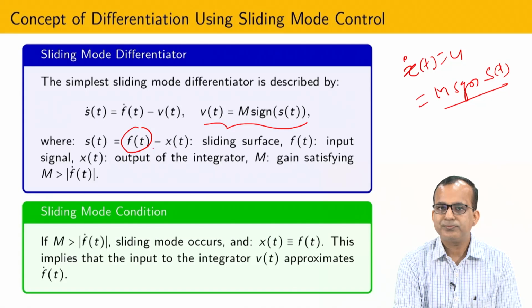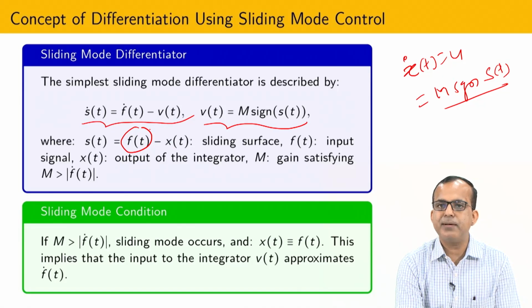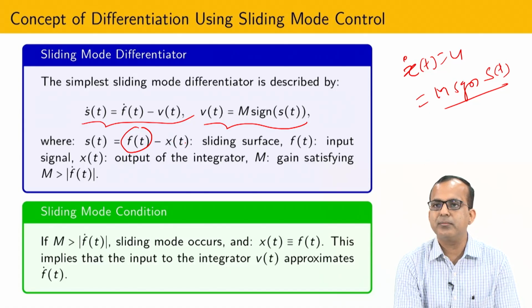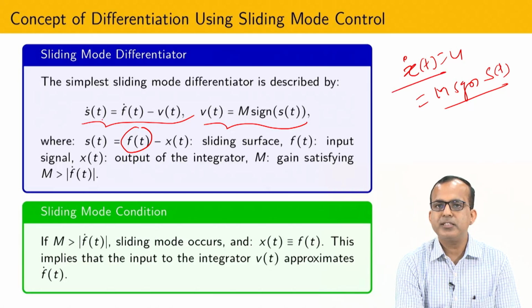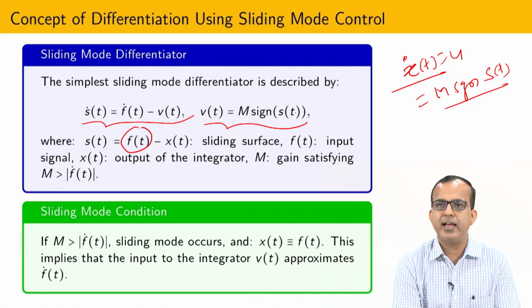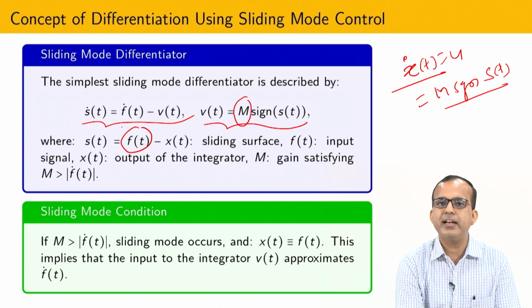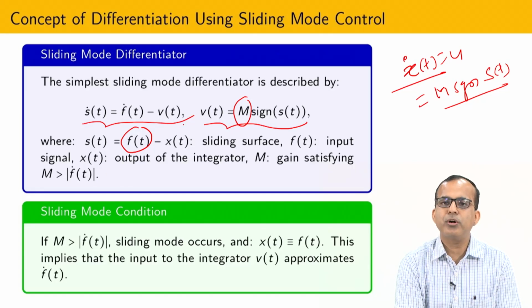Now if you design the sliding surface as ft minus xt, where ft is the signal you want to differentiate and xt comes from this system, then the s dot dynamics is f dot minus m signum st. If you keep the value of m greater than the derivative of ft, it is possible to show that sliding mode comes into the picture.